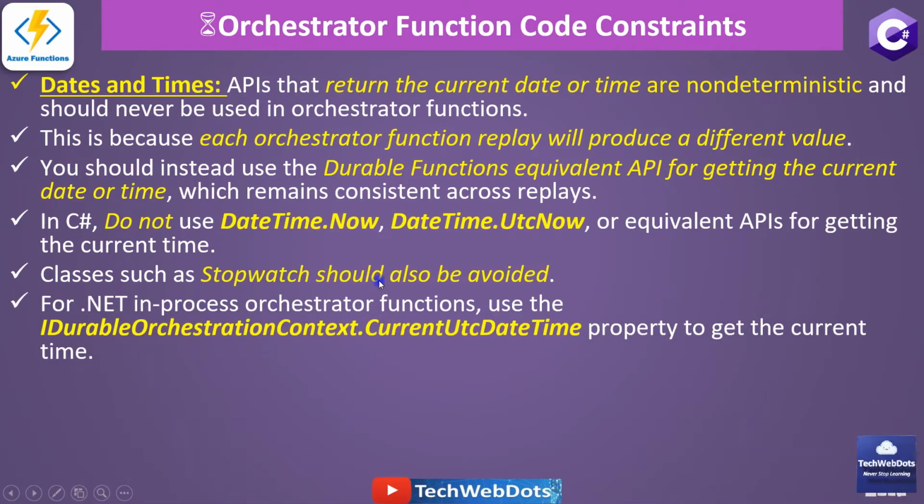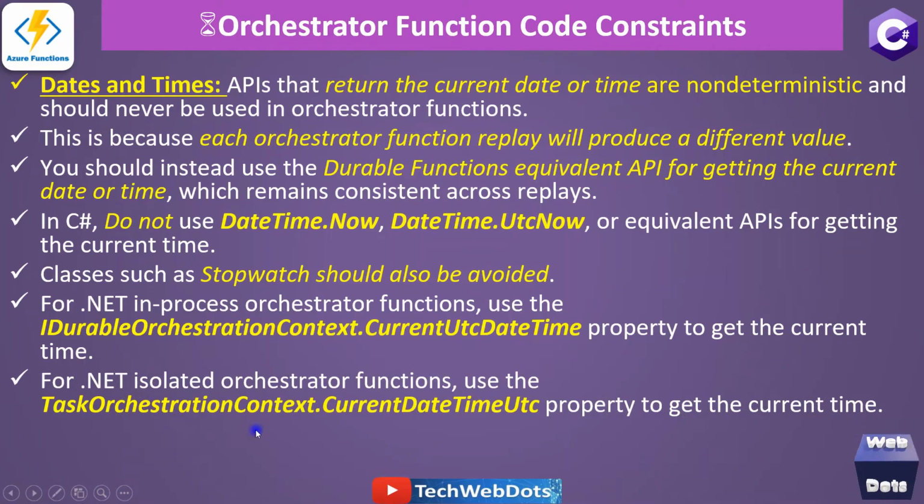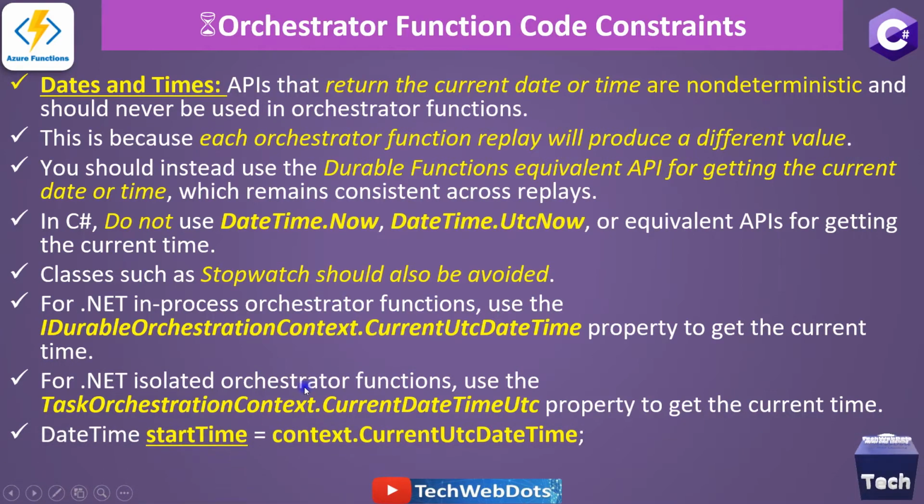Classes such as Stopwatch should also be avoided. For .NET in-process orchestrator functions, you can use the IDurableOrchestrationContext.CurrentUtcDateTime property to get the current date time. And for .NET isolated orchestrator functions, you can use the TaskOrchestrationContext.CurrentDateTimeUtc property to get the current date time.